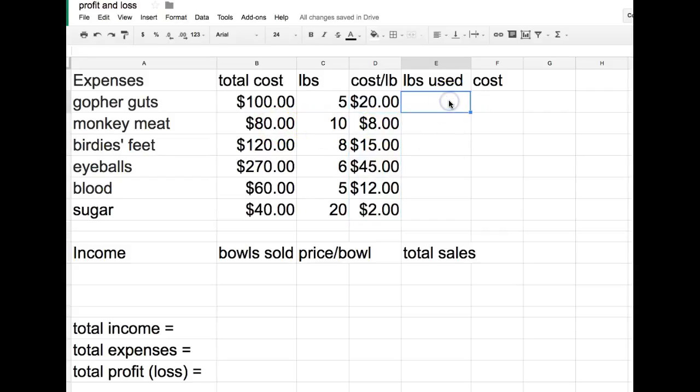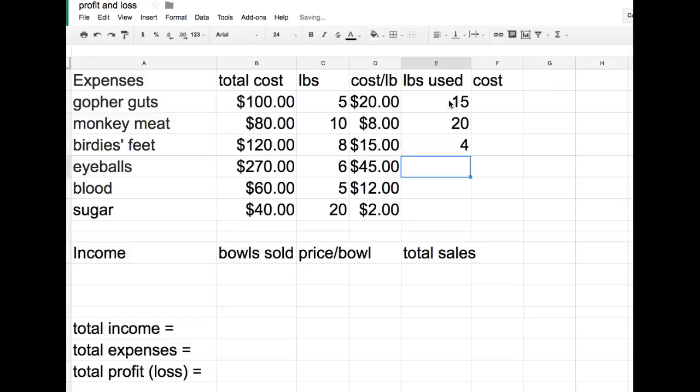So let's say that altogether we use quite a few of the gopher guts. In fact we used 15 pounds, so we used several bags. Of the monkey meat we used 2 bags, so we used 20 pounds. Of the birdie's feet, we didn't use quite so much, so we only used 4 pounds.